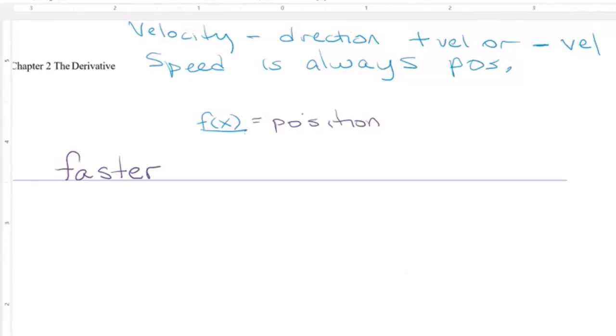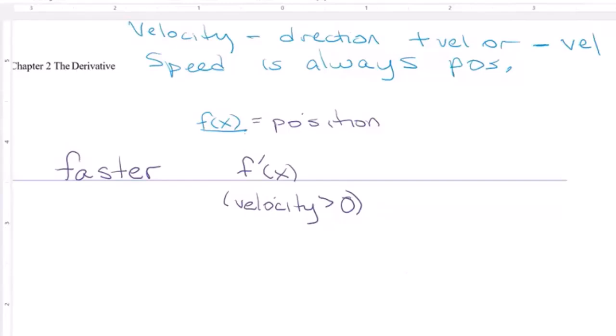Well, for me to go faster, that would mean that the derivative, which is the same as velocity, is greater than 0. So I'm going forward. Right? When it's greater than 0, I'm going forward.